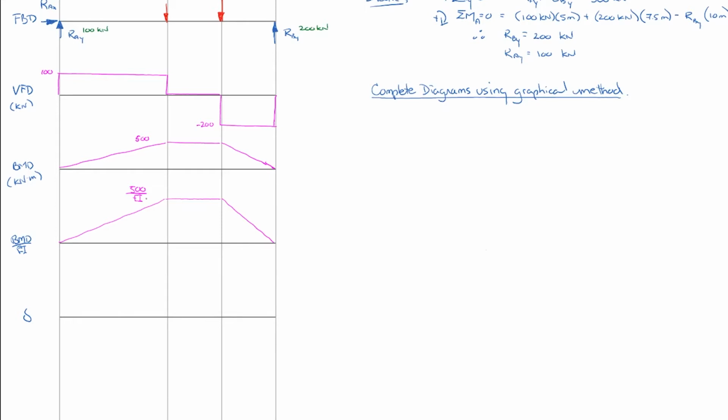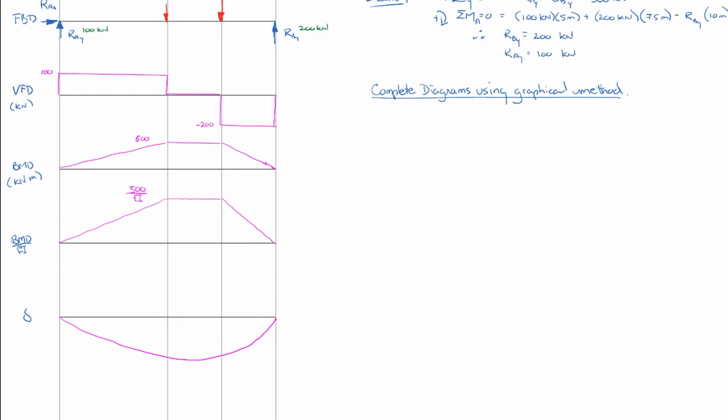We can use the bending moment diagram to help us with the curvatures, but we just need to be approximate. So I'm going to draw that in as something approximately like that.